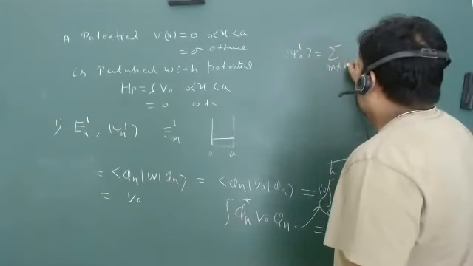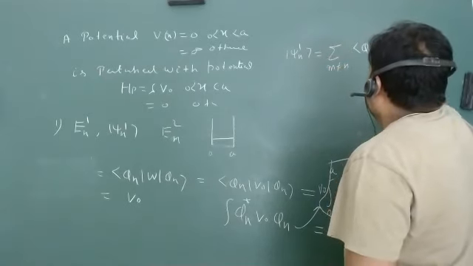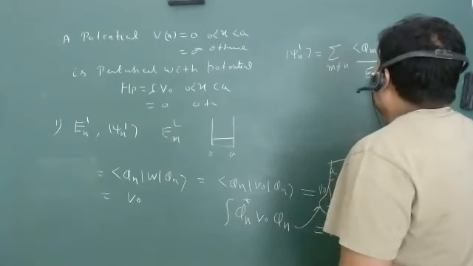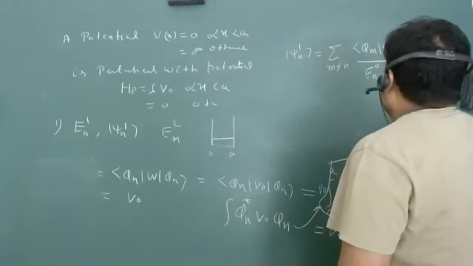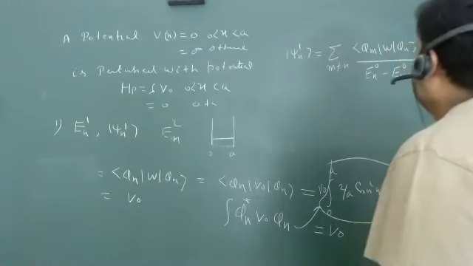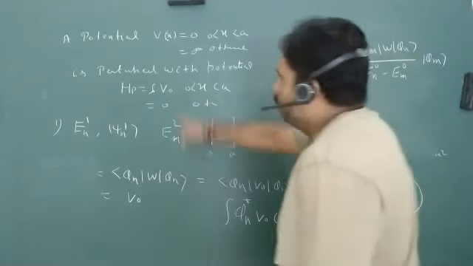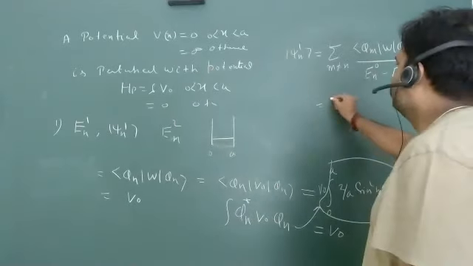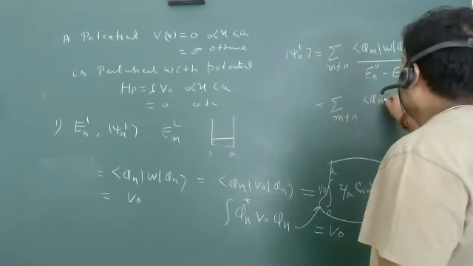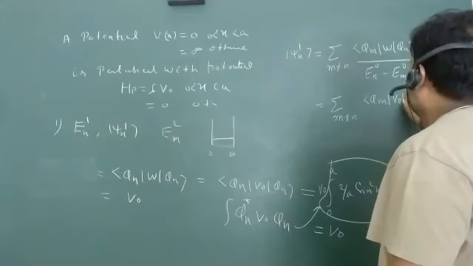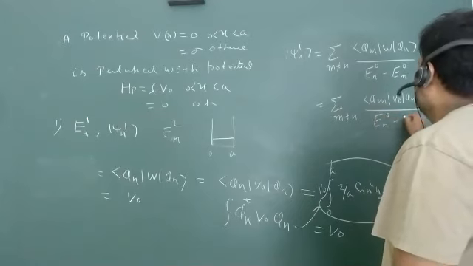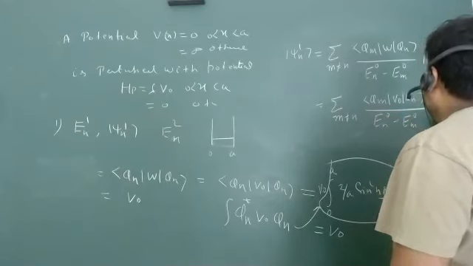Sum over m not equal to n, phi m w phi n, divided by en0 minus em0, times phi m. Now in this you have to put w as v naught. So this is the sum over m not equal to n of phi m v naught phi n over en0 minus em0, times phi m.